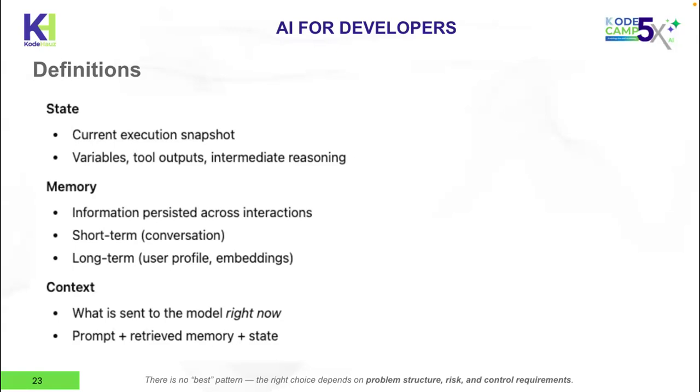So all of those things are kept in state. State is kind of a temporary place, a scratch pad, if you will, where the results of reasoning are kept temporarily while we are going through the reasoning loop, right?